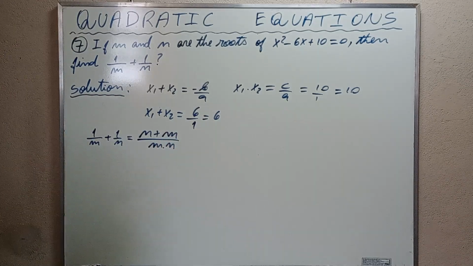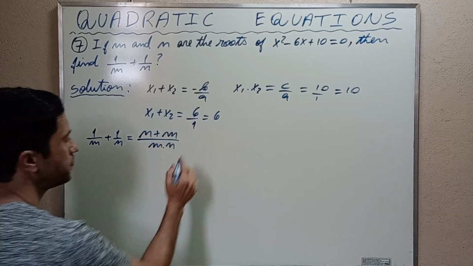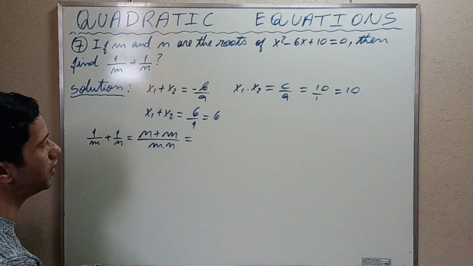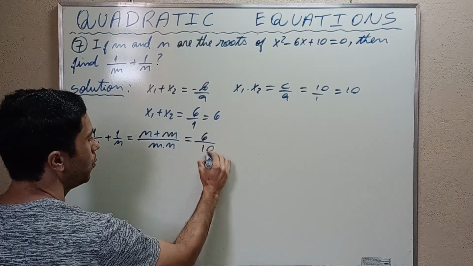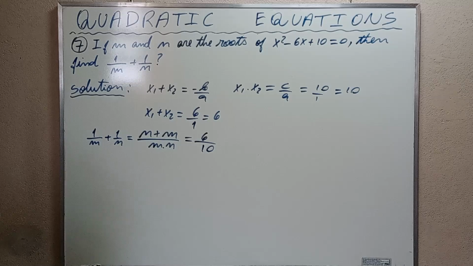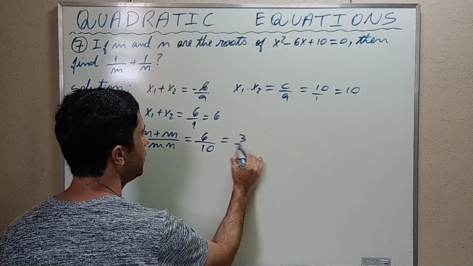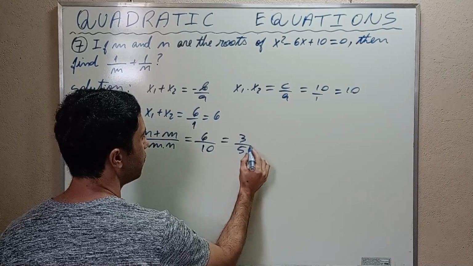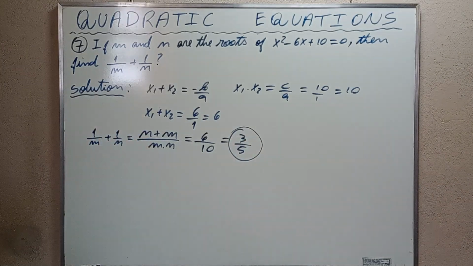Then we have what we need here. This is the sum, and this is the product. The sum is 6, and the product is 10. Okay? 6 divided by 2 is 3, and 10 divided by 2 is 5. And this is the solution of this exercise.